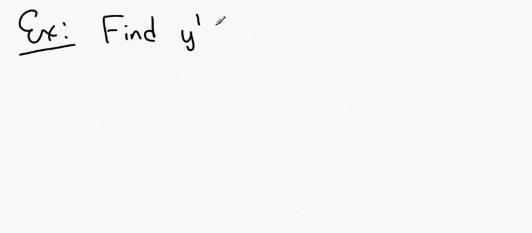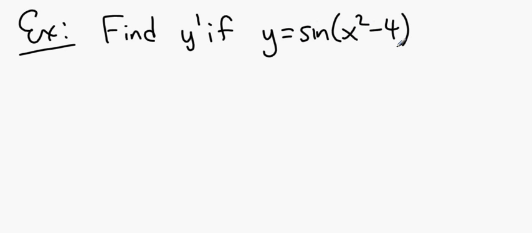Well, let's see just a second example here. Let's find y prime if y is the sine of x squared minus 4. Well, this is a composition of functions. We have the sine of something. That something is our u function.